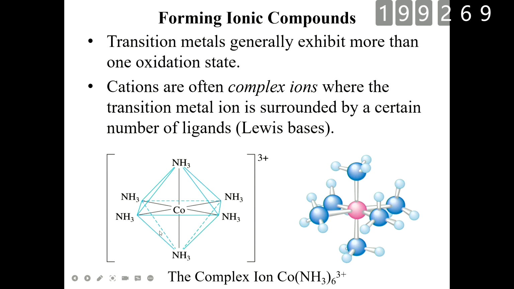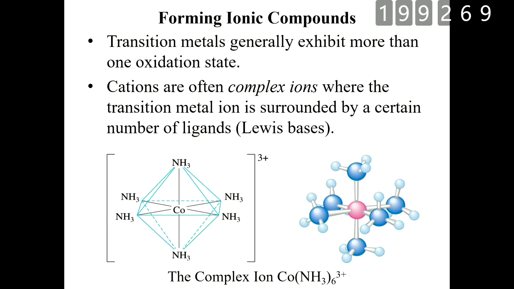Basically, the cations are often complex ions where the transition metal ion is surrounded by a certain number of ligands. So this is about the complex. We can also use this picture to show the complex.